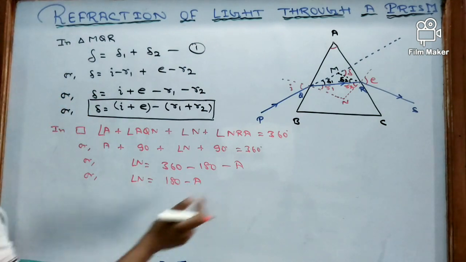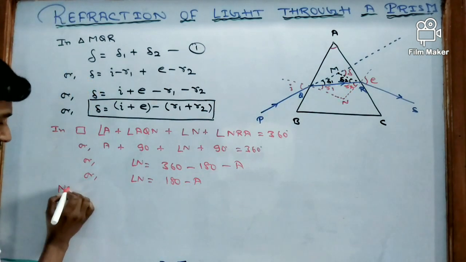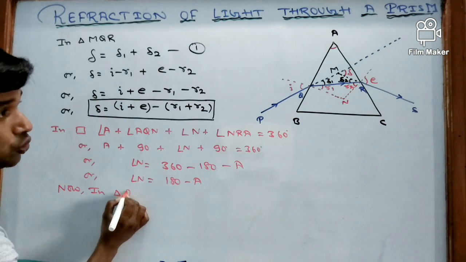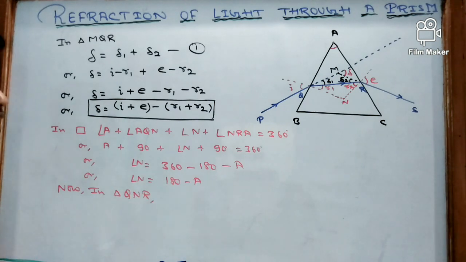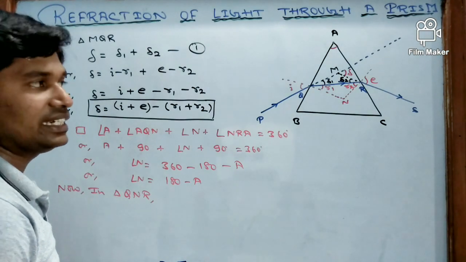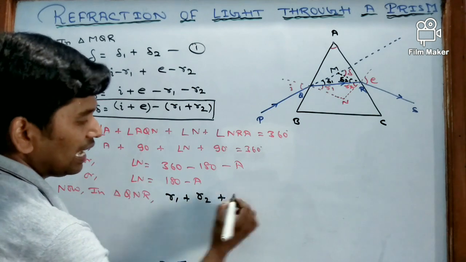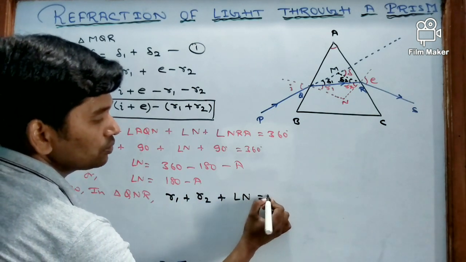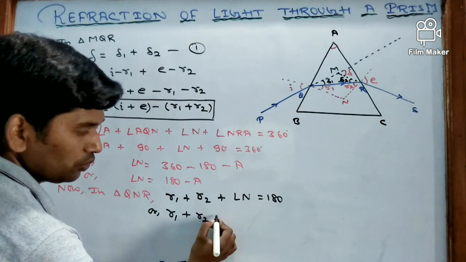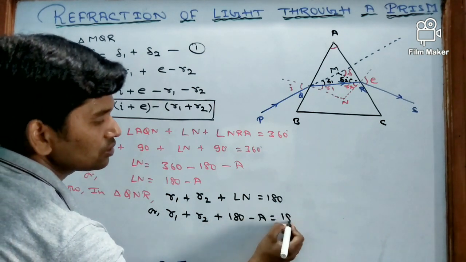Now if we look at this triangle Q and R, the sum of three angles is 180 degrees, so we can write R1 plus R2 plus angle N is equal to 180, or R1 plus R2 plus 180 minus A is equal to 180.